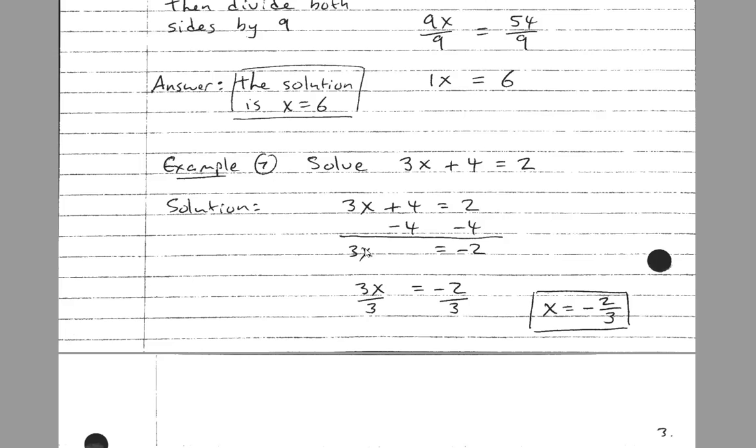You want the x's on one side and the numbers on the other. And again, you could check your answer. So put in negative 2/3 for x. 3 times negative 2/3 is negative 2, and negative 2 plus 4 is 2.